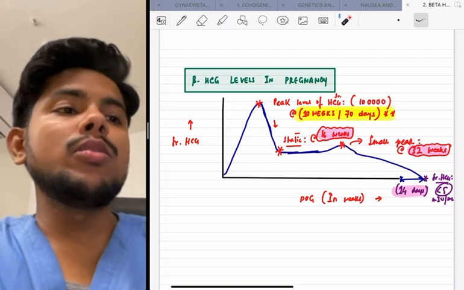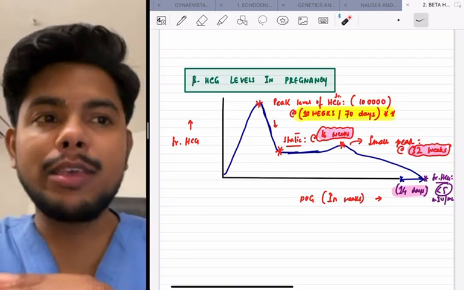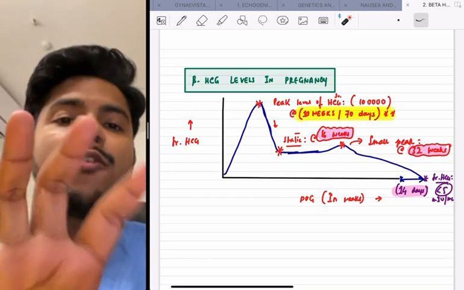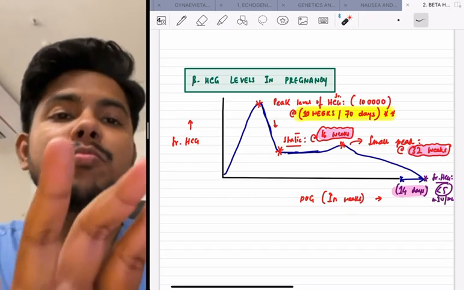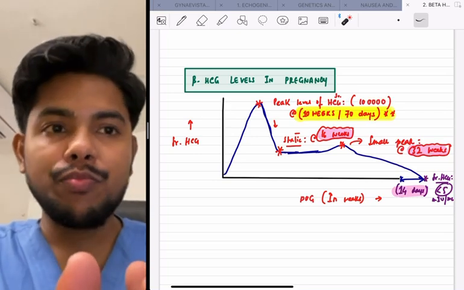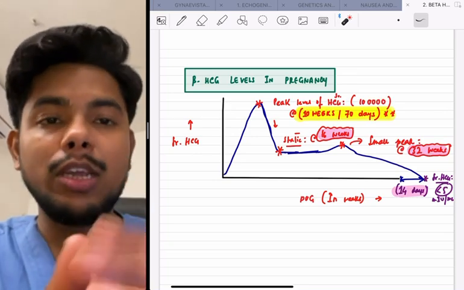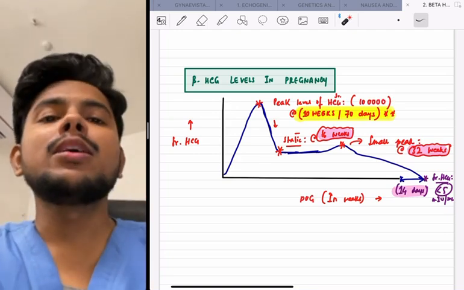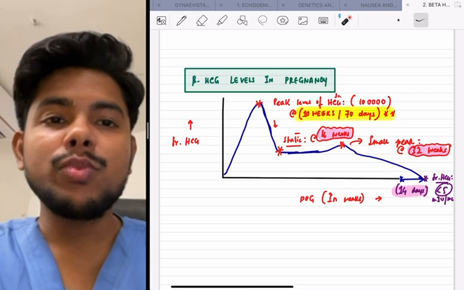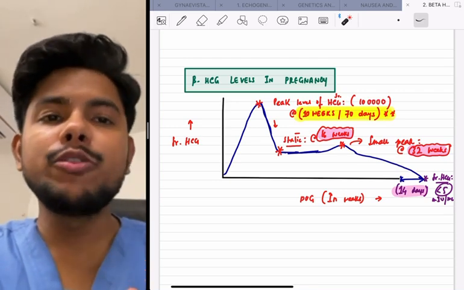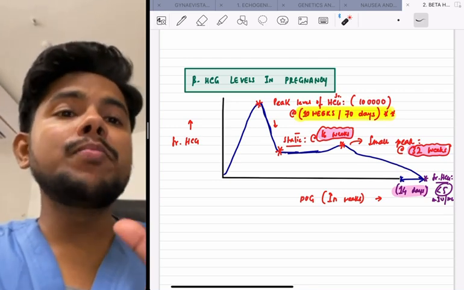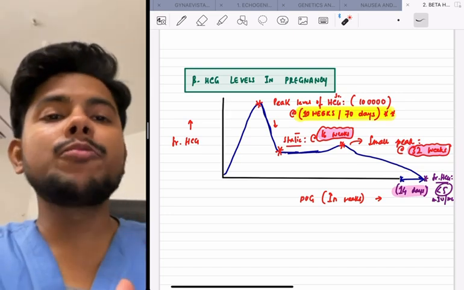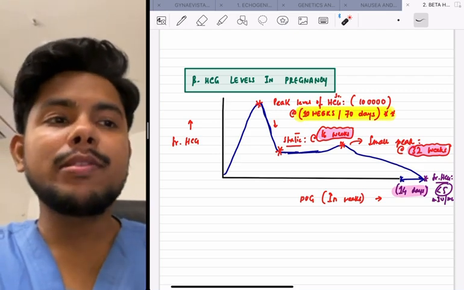Now if there is pregnancy, progesterone is the most important hormone for implantation and maintenance of pregnancy, and the source, the factory of progesterone in the early months of pregnancy, until 10 weeks to be specific, is principally the corpus luteum. So the corpus luteum should be saved, and this function is being done by hCG.